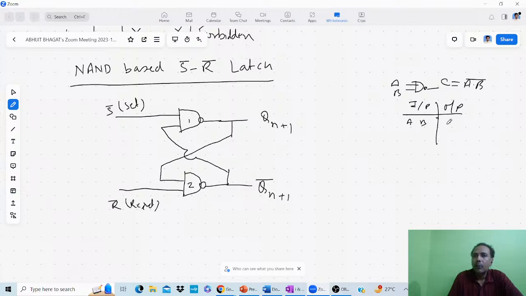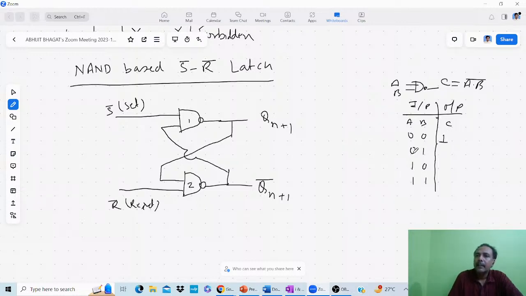Input is AB, output is C suppose. First write the input 0 0, 0 1, then 1 0, and then 1 1. When 0 0, 0 into 0 is 0, then 0 bar means 1. Here it is 1.